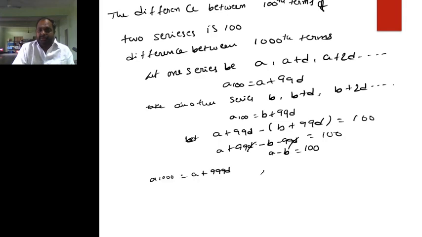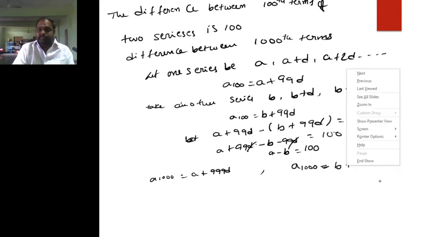Similarly, for the second series, the thousandth term: the first term is B, so it is B plus 999D. Okay, difference: A plus 999D minus bracket B plus 999D.